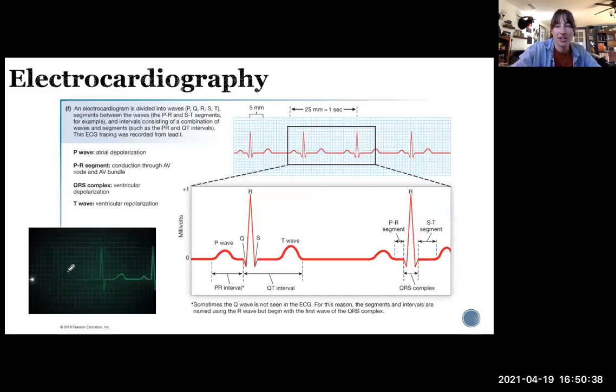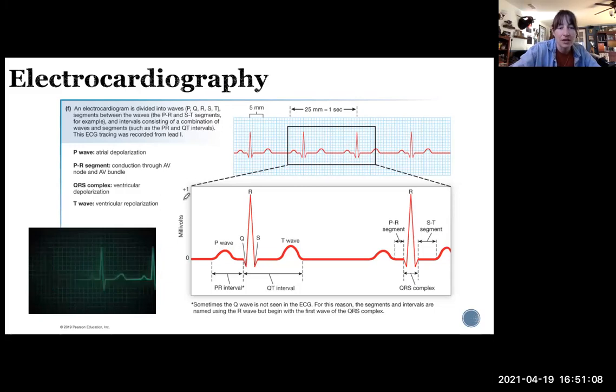So here is your classic EKG. Pretty cool, right? Your electrocardiogram is going to basically have this pattern over and over again according to the rate of the heartbeat of your patient. The P wave, again, is atrial depolarization. PR, from P to R, is going to be conduction from the SA node to the AV node.